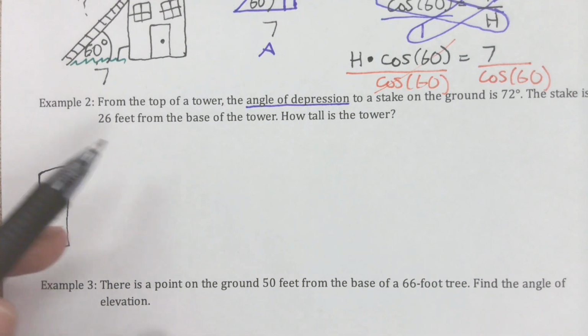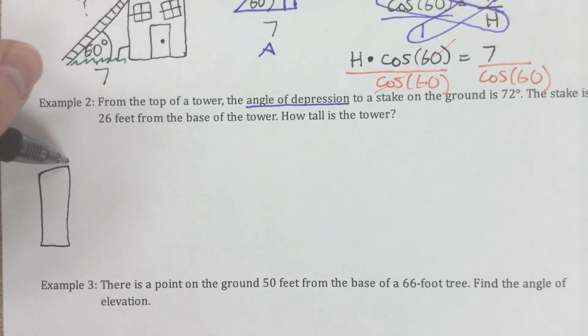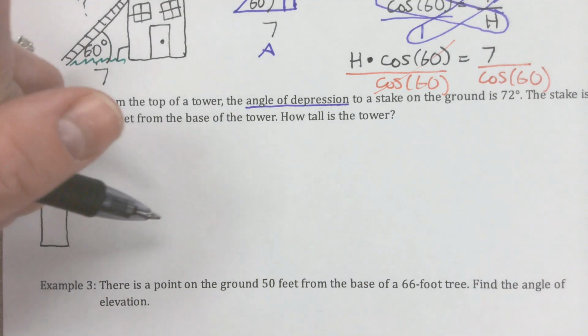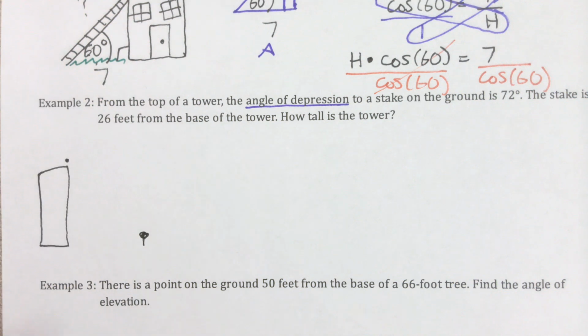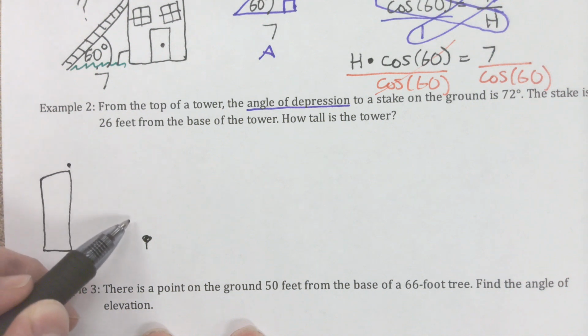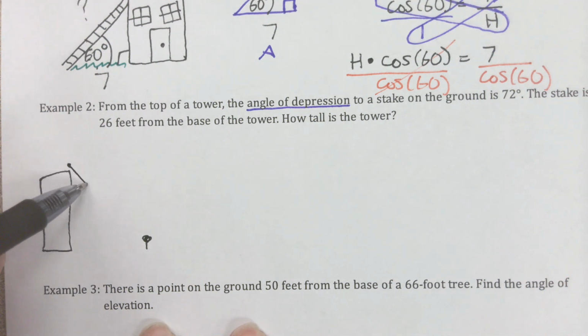And then just to create this visual, I'm just going to put a floating point here just to represent the top of the tower. And then a stake on the ground somewhere down here. So we're going from the top of the tower to the stake on the ground.